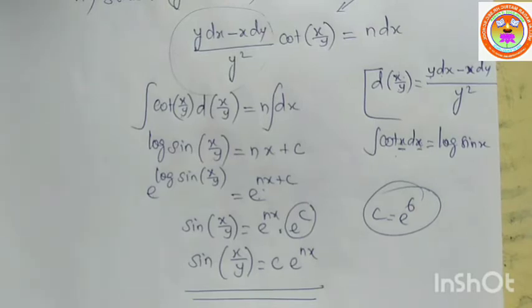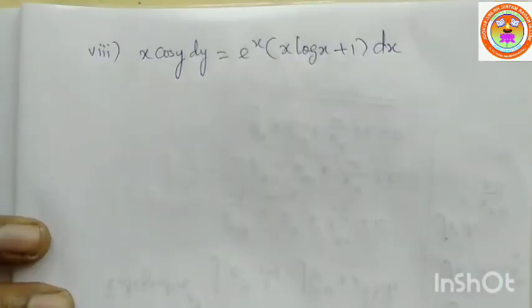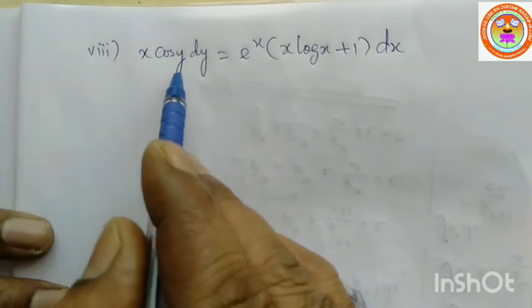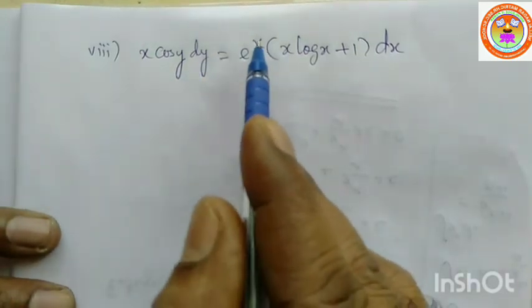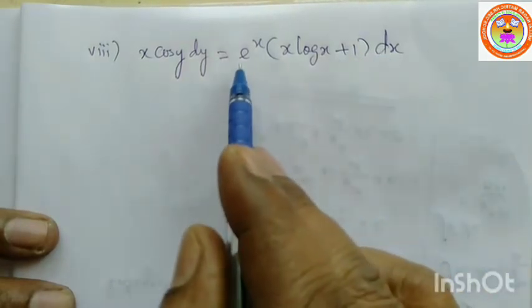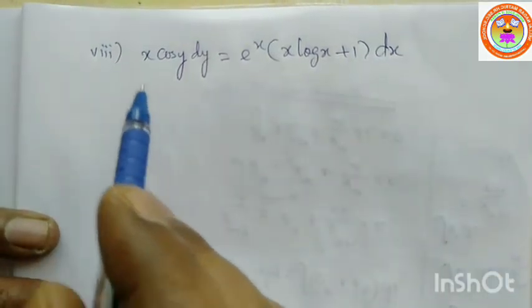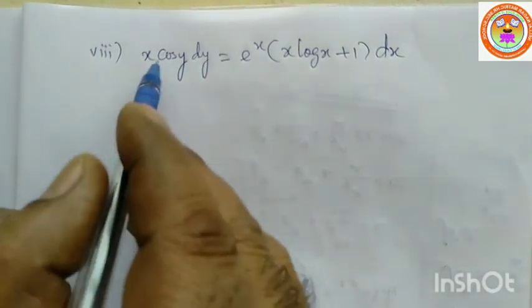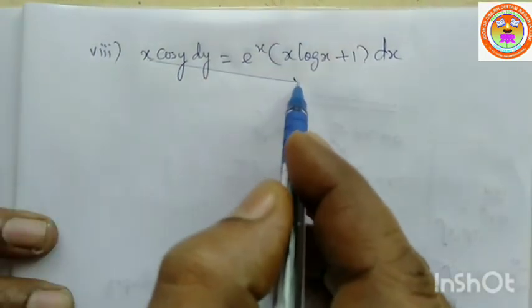Question number 8: solve the differential equation x into cos y into dy is equal to e power x into x log x plus 1 into dx. See, the right hand side is full of x, but the left hand side has x and y terms. So we can bring this x to the denominator.